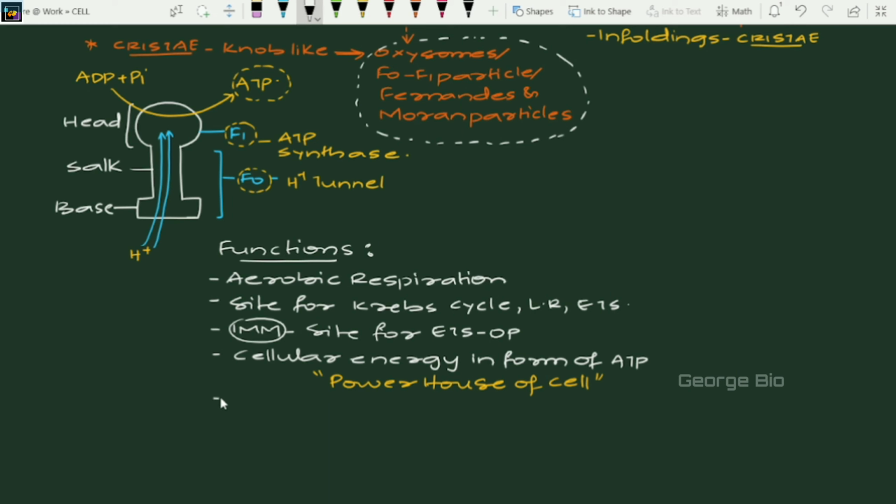Let's go with the next one. It consists of enzymes for performing the Krebs cycle, and it contributes 80% of total cell enzymes. It means major production of enzymes happens where? In the mitochondria.